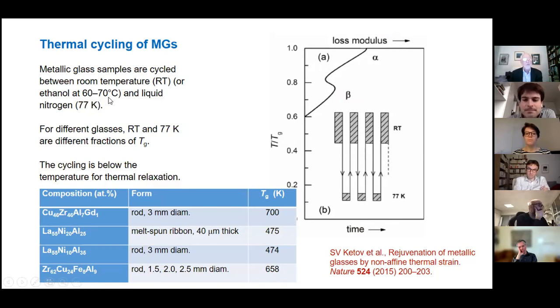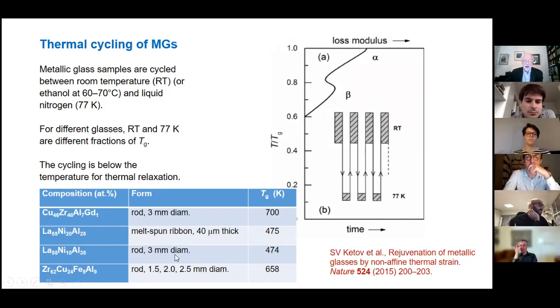Key point, though, is for metallic glasses, if you get any thermally induced relaxation, typically by annealing, and people would talk about alpha relaxation around the glass transition and beta relaxation, these will be characteristically found above 0.6 of TG. This is essentially all happening below 0.6 of TG. So this is not your standard thermal annealing behavior.